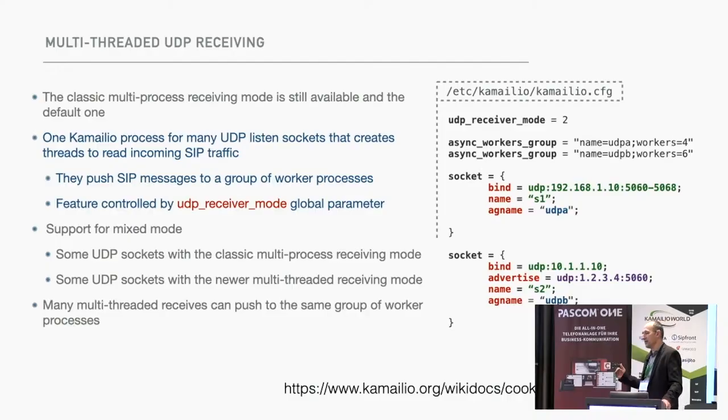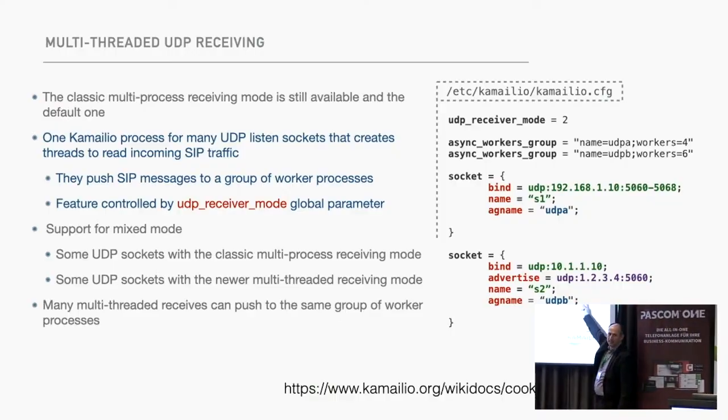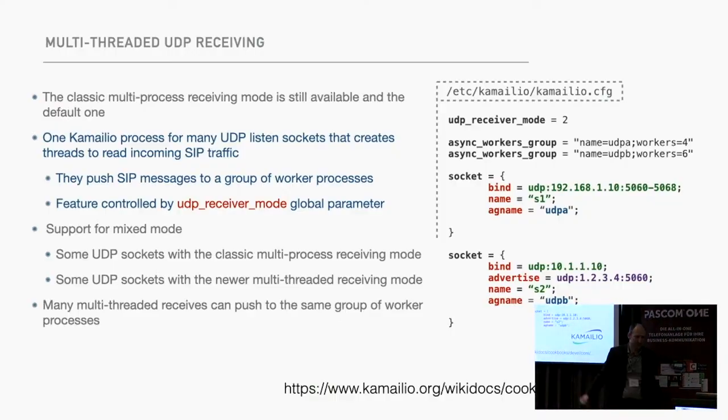It's actually reusing what we named at some point asynchronous workers. So you have to define asynchronous worker groups: you give each a name and how many processes as workers. Then you use the socket, and in the socket you give this AG name, the asynchronous group name, so you say what's received on that socket. We also have this capability to give a range of ports, also new last year.